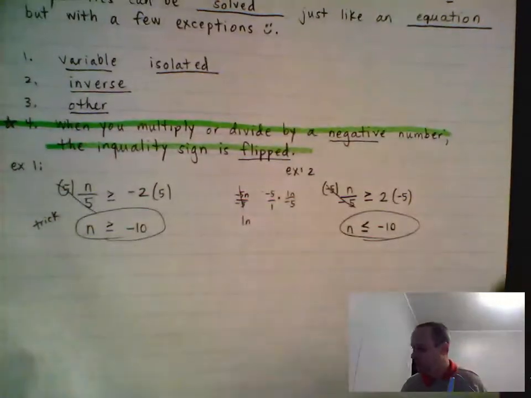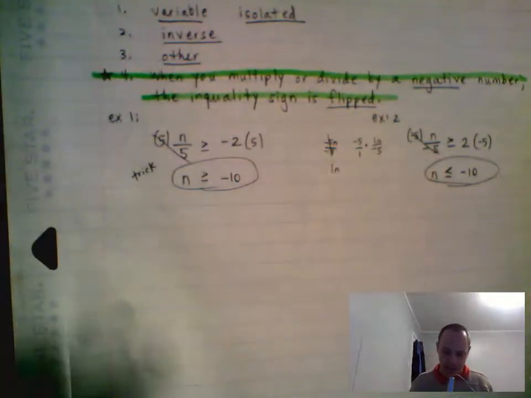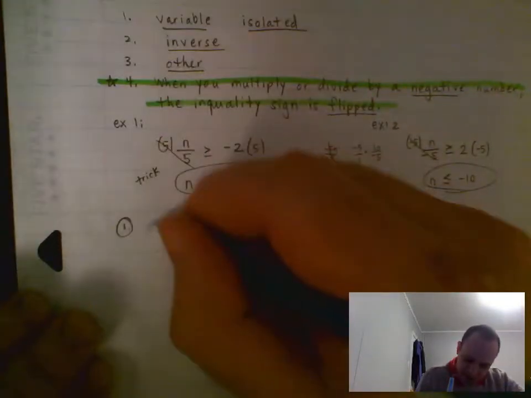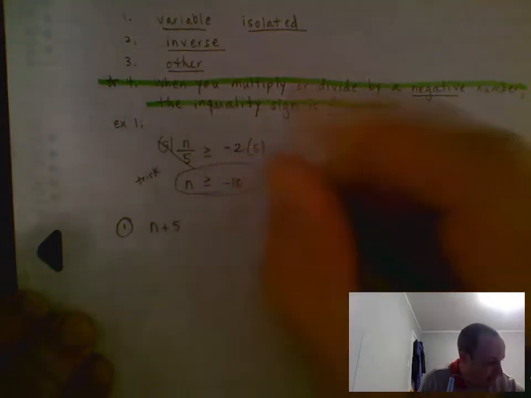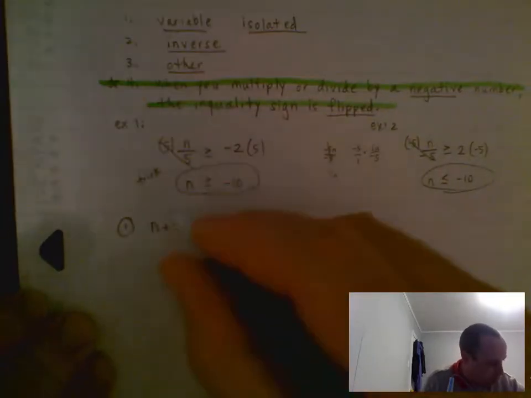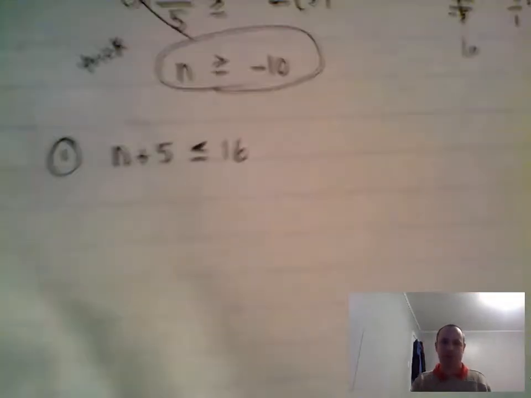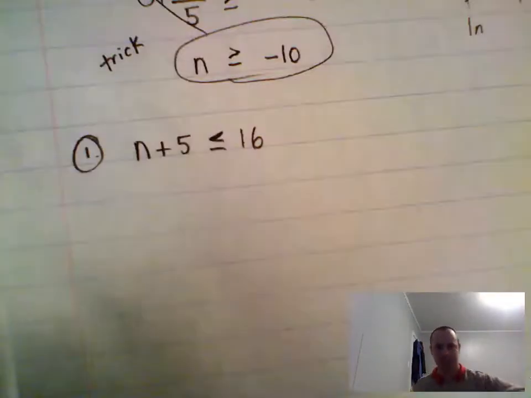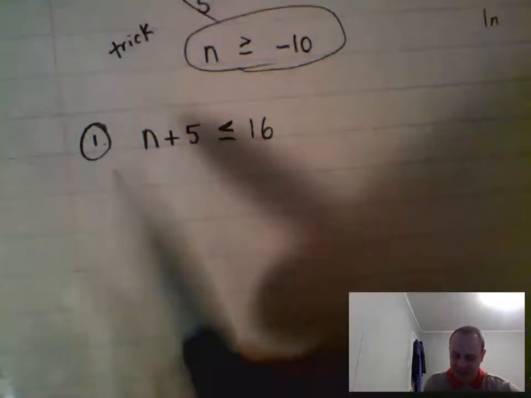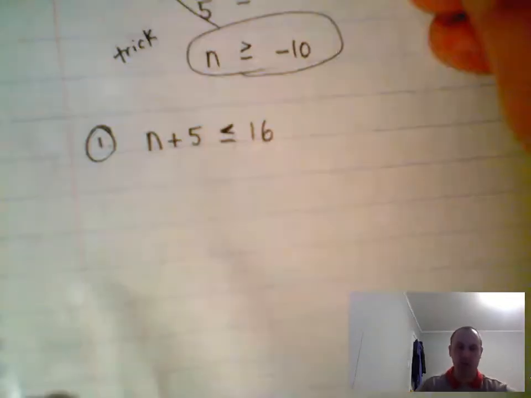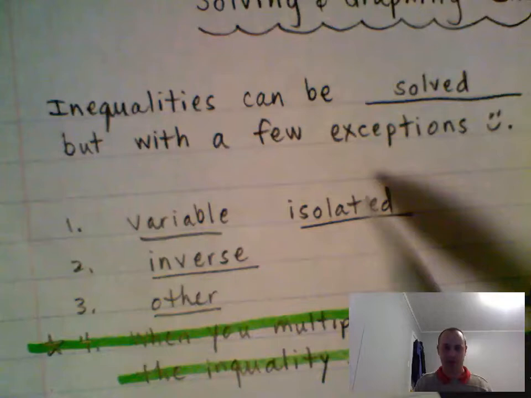Now let's go ahead and look at the problems we're going to do today, okay? So number 1 says n plus 5 is less than or equal to 16. Okay, so what we got to do is we got to isolate that n, right? Get the variable isolated according to our notes.